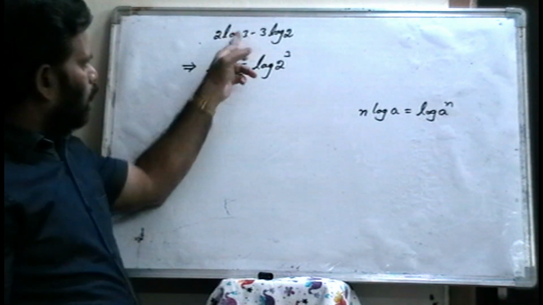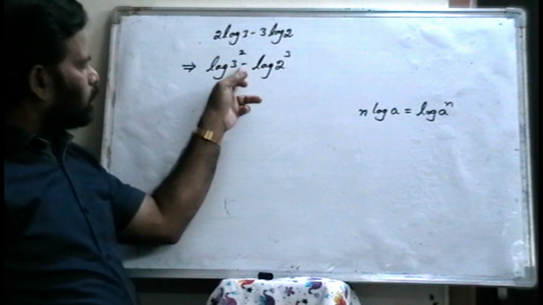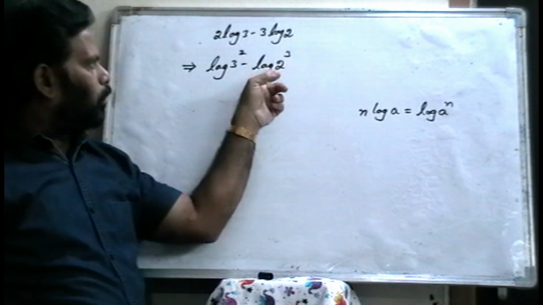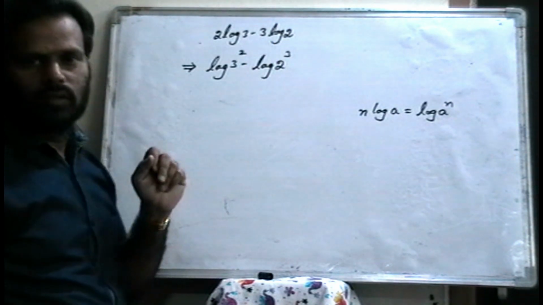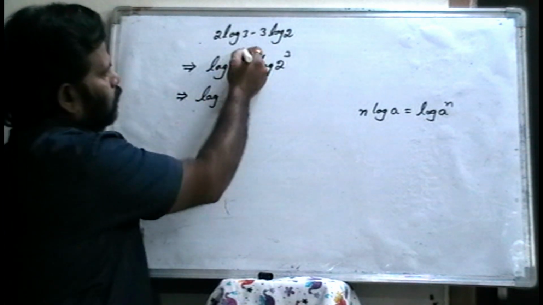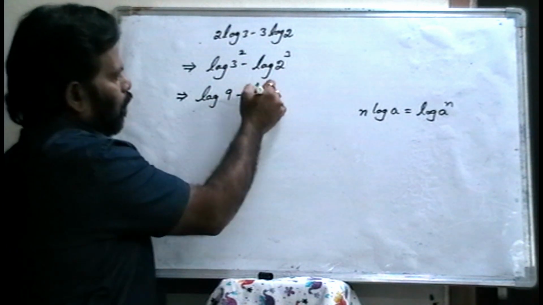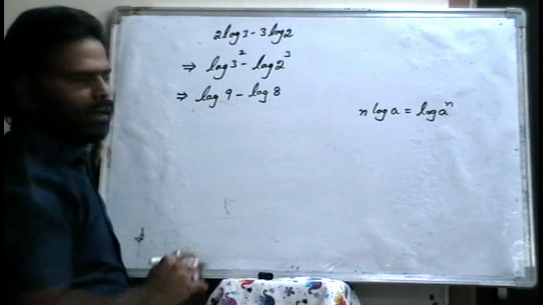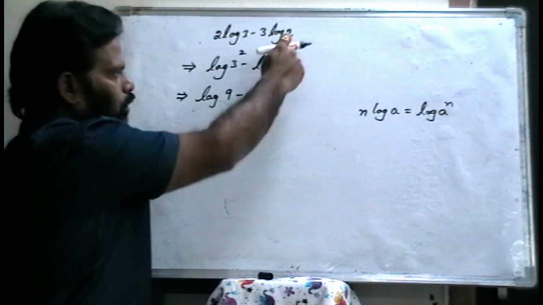Again it is also in the form of n log a to the power of n. Now log 3 square means 9, log 2 cube means 8.